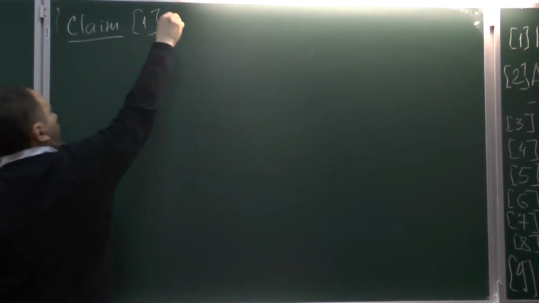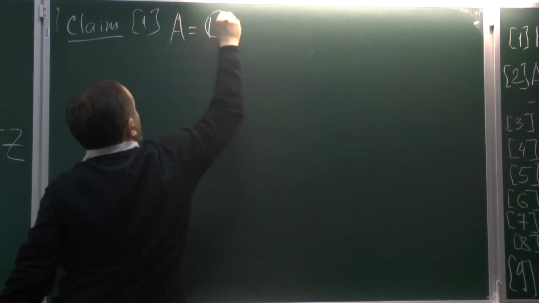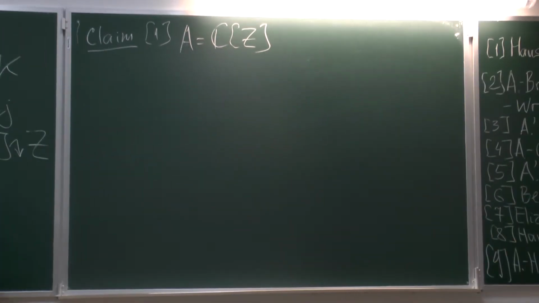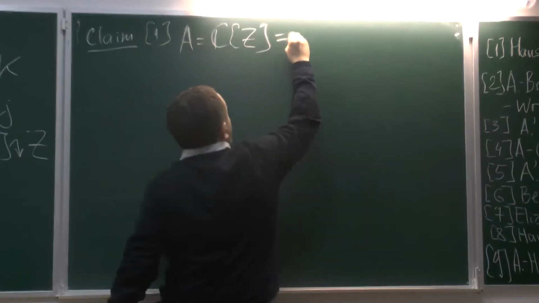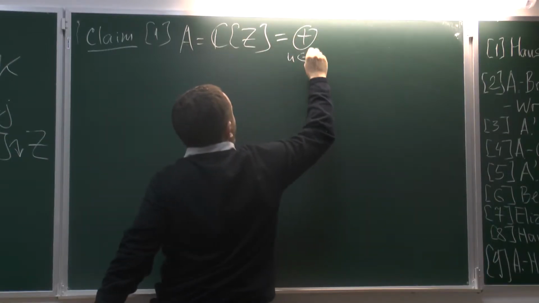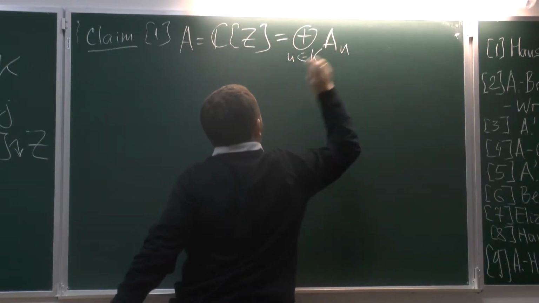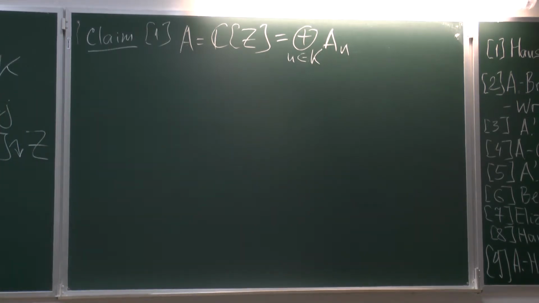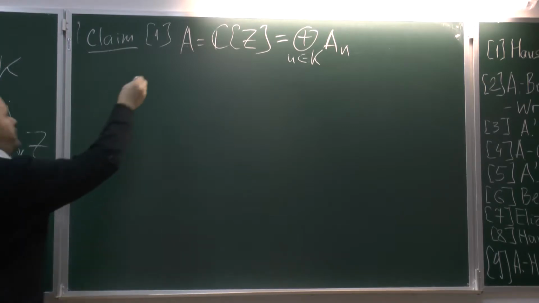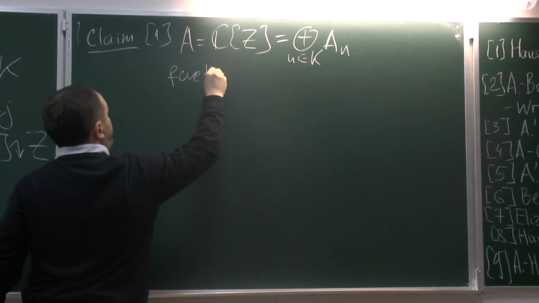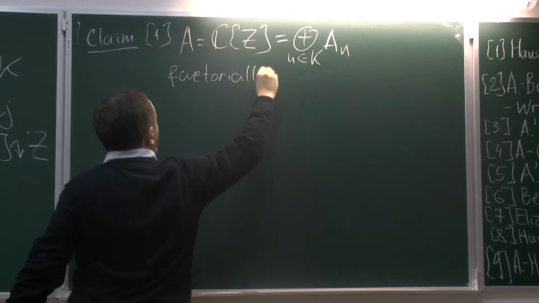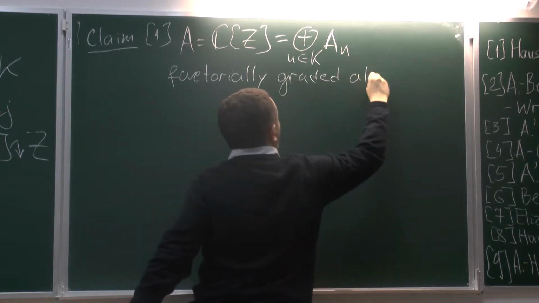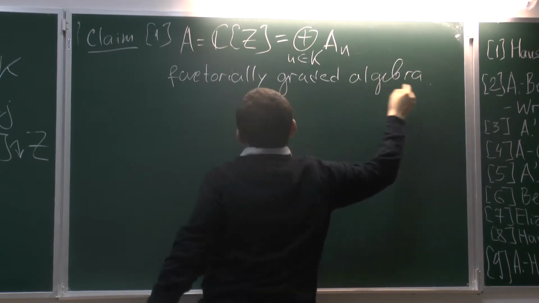I consider the algebra of regular functions on my hypersurface. This way it is graded by K. And the statement is that this complexity 1 grading is factorial. Factorially graded algebra. What does it mean?